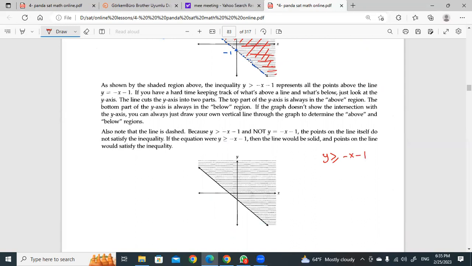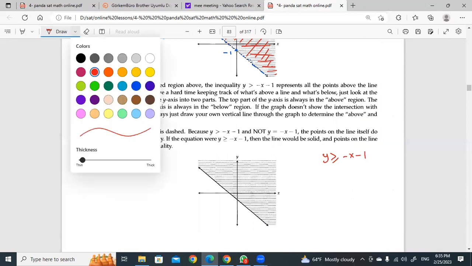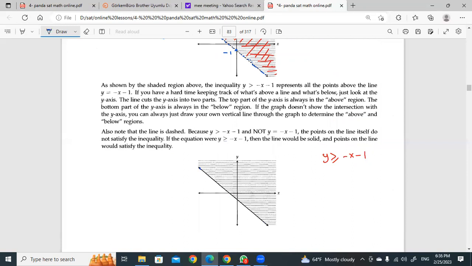Now I'm sure that this line is a solid line, not a dashed line like above. Look at this, it's a solid line. Why? Because I have the sign of equal.